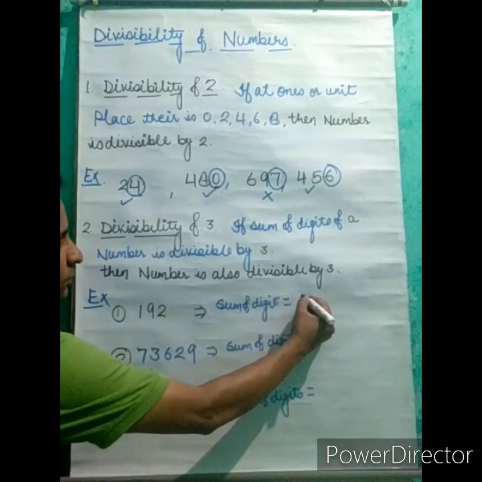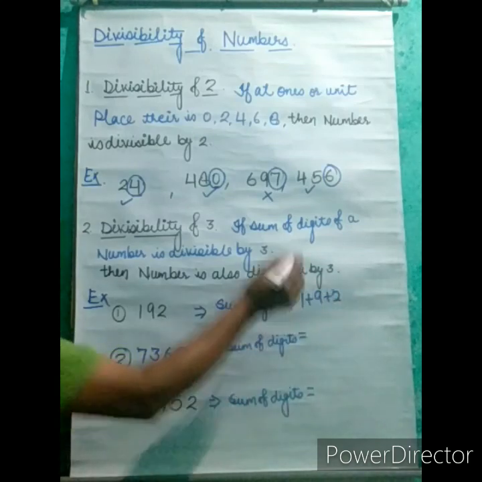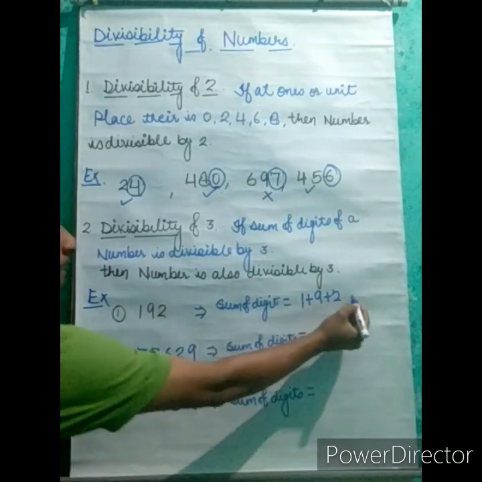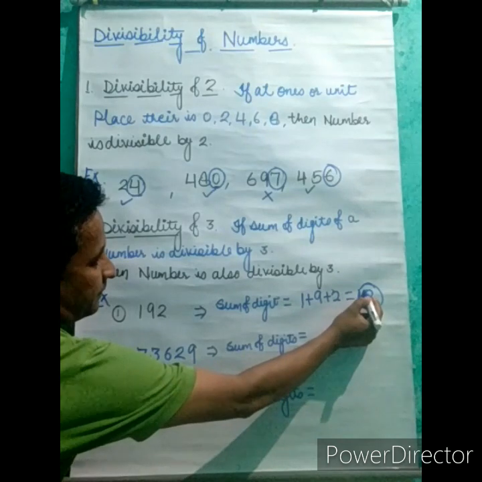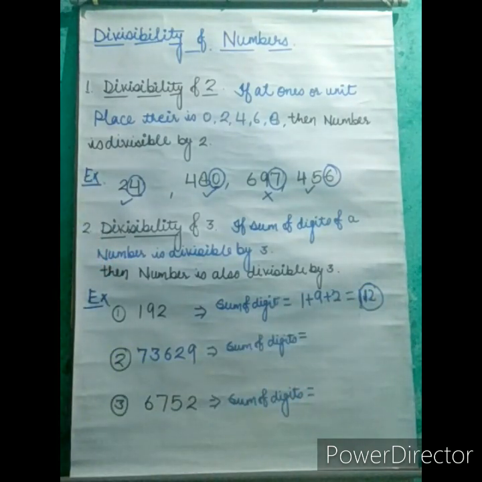So for that, what will you do? 1 plus 9 plus 2. We will do the sum of the digits. This is a number. Its digits are 1, 9 and 2. We will get the sum 12. But 12 is divisible by 3. 3 fours are 12.